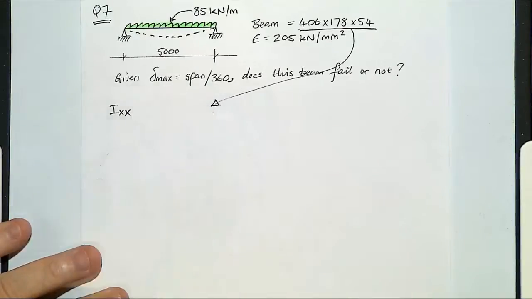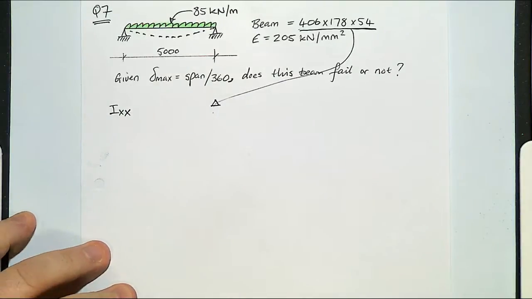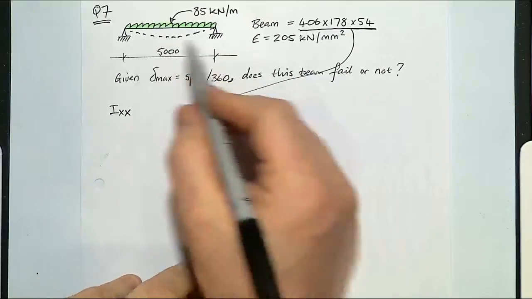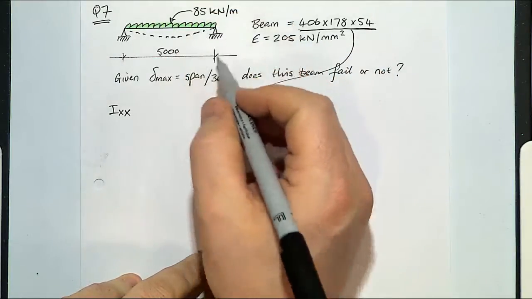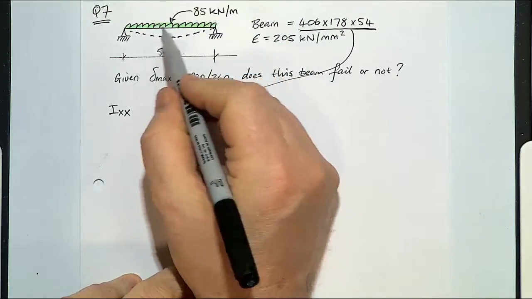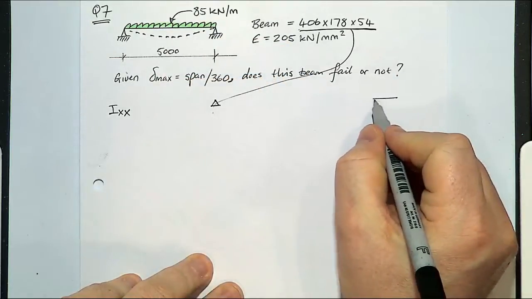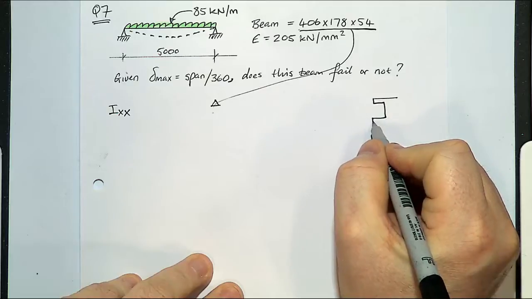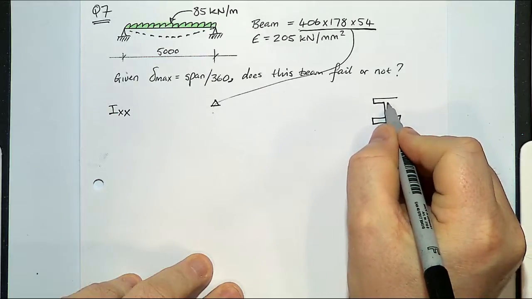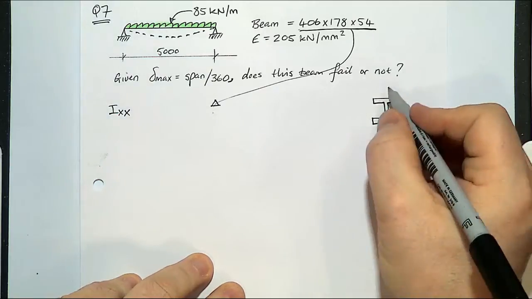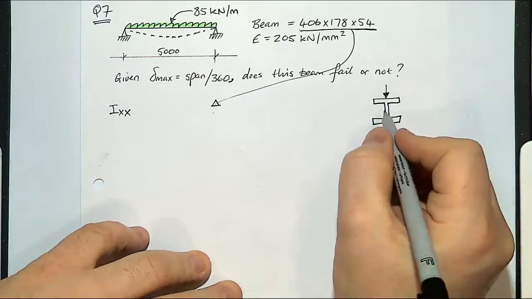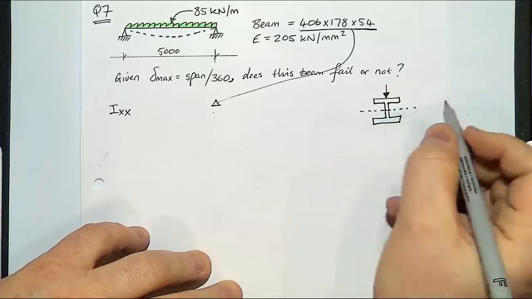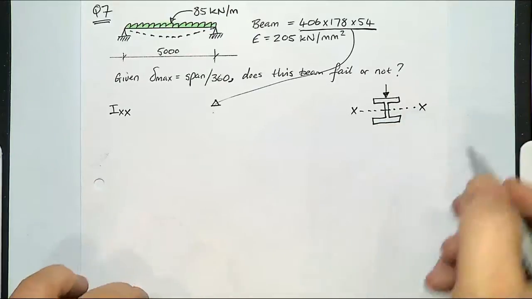So we've got IXX. Now we've always been looking at our forces being applied vertically. So if we looked at this beam here, so it's an I beam, and the UDL is being applied at the top across the XX axis.